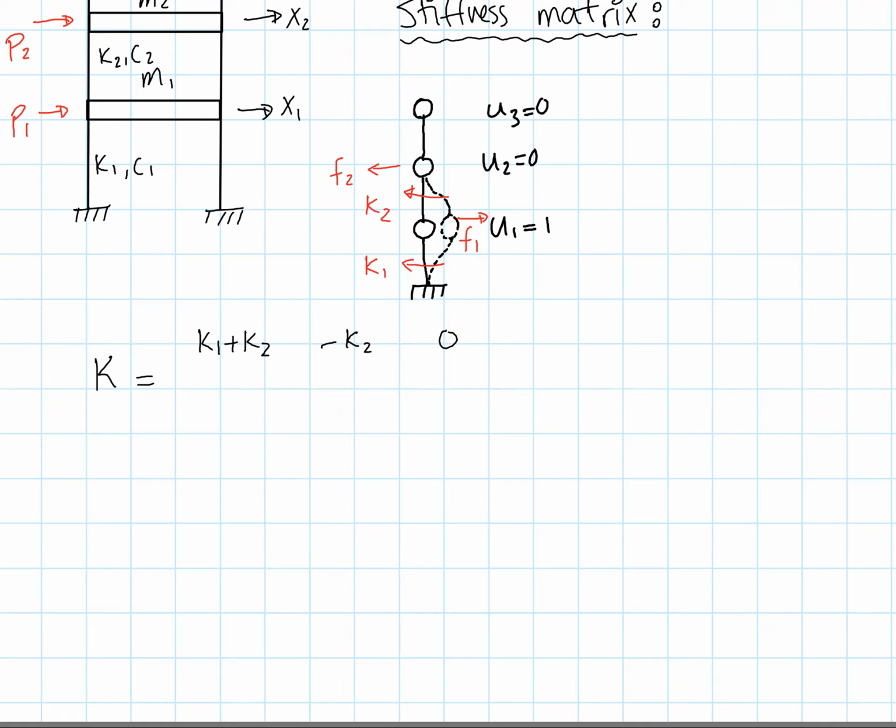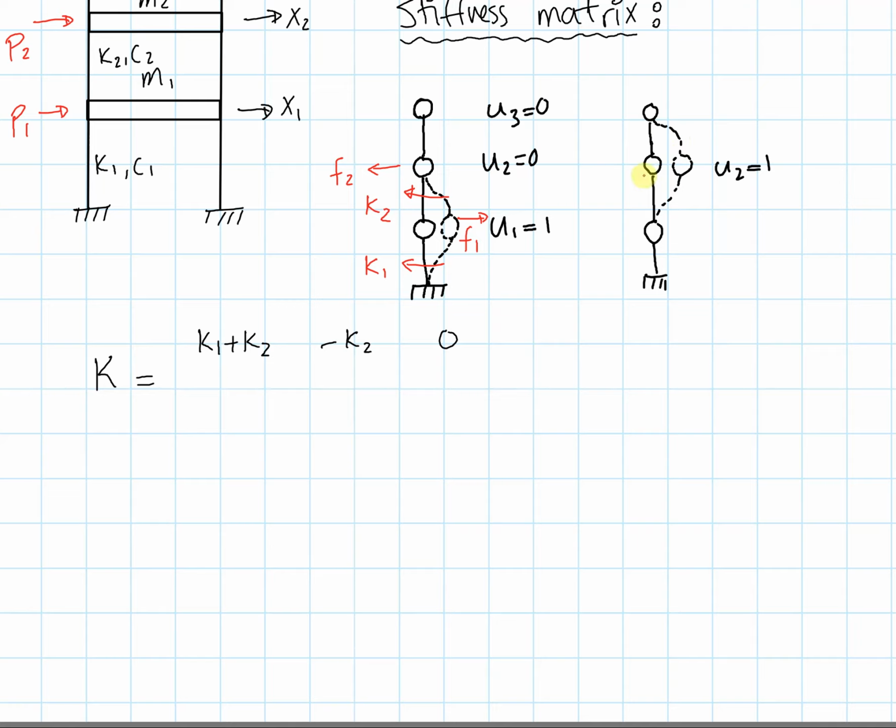Alright, I'm going to do one more. We're going to start off with u2 equaling 1. So I'm again going to draw my lollipop model. There it is. And this time u2 is equal to 1, and all the other u's are equal to 0. So what I'll have is a displacement that looks somewhat like that.